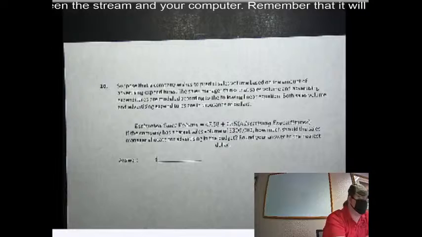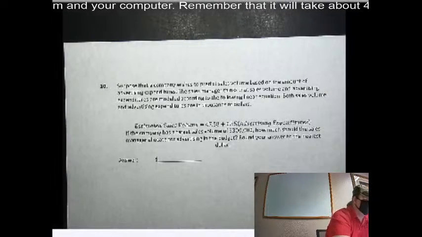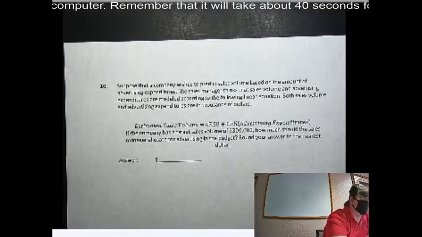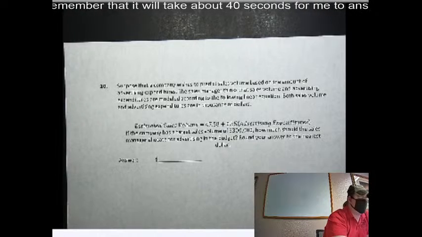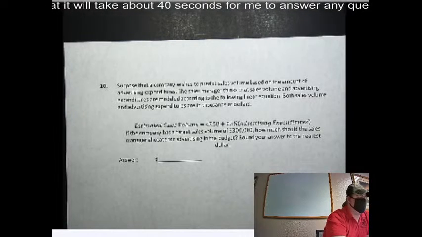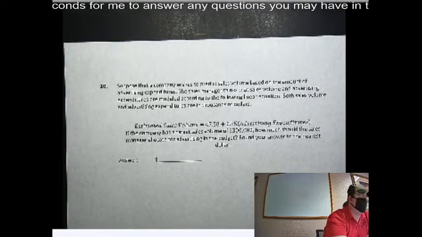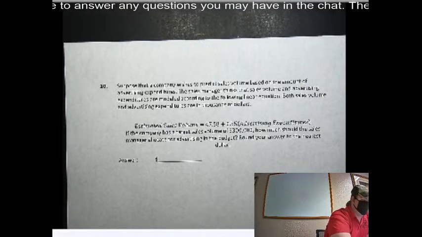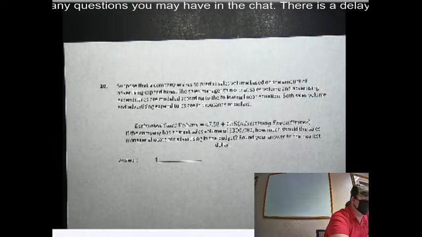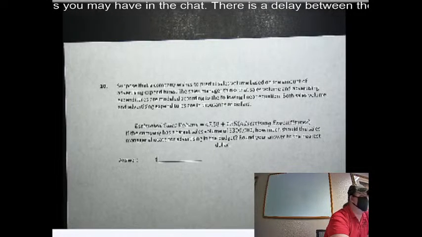Suppose that a company wishes to predict sales volume based on the amount of advertising expenditures. The sales manager thinks that sales volume and advertising expenditures are modeled according to the following linear equation. Both are in thousands of dollars, so keep that in mind.